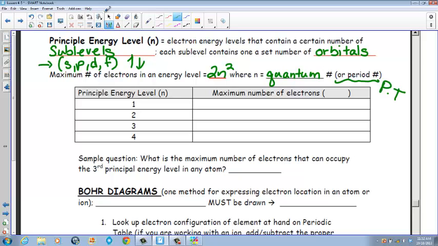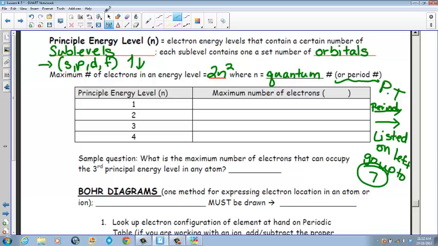These are the rows, the rows that go across. Okay, so period goes across, and the numbers are listed on the left and go up to 7. So there are 7 periods on the periodic table.